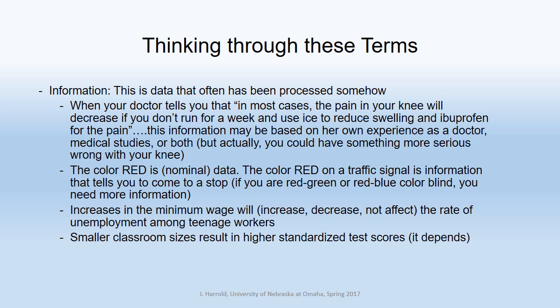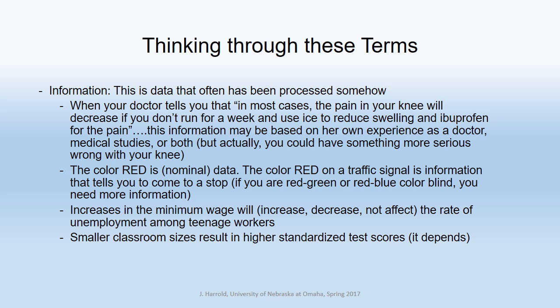The color red is data, right? Red is categorical or nominal data. But the color red on a traffic signal is information because it tells you to stop your car. Now, if you happen to be red-green colorblind, you might actually mix up a red light and a green light.